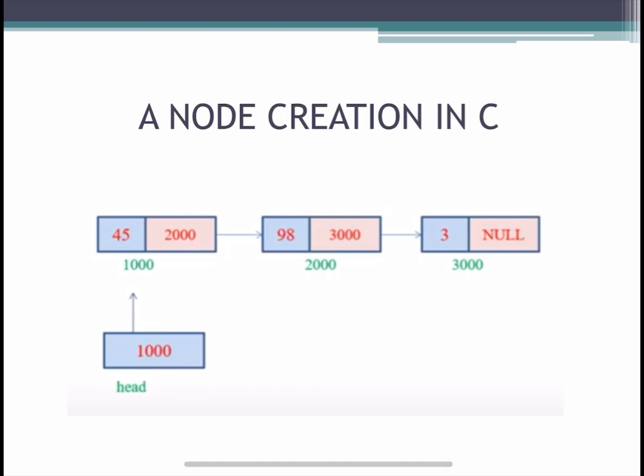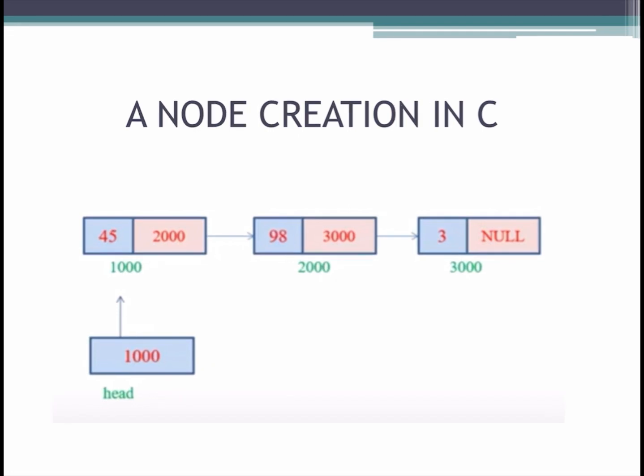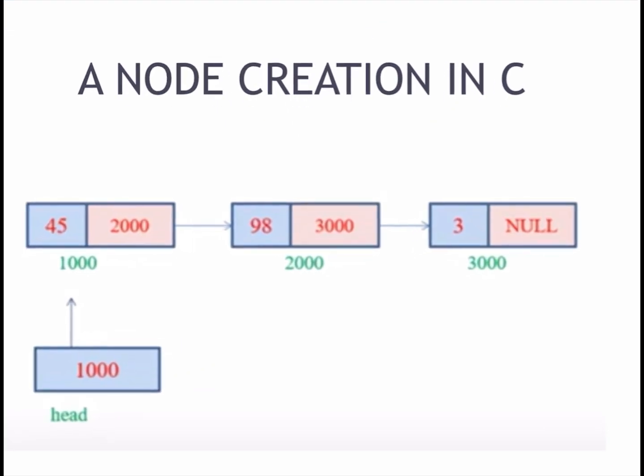Okay, now we are going to create these nodes. The first one is the node allocated at location 1000. 45 is the data part and 2000 is the second node's location, the address of the next node. The second node contains the data 98 and the third node's address, and the third node contains the data 3 and a null value.